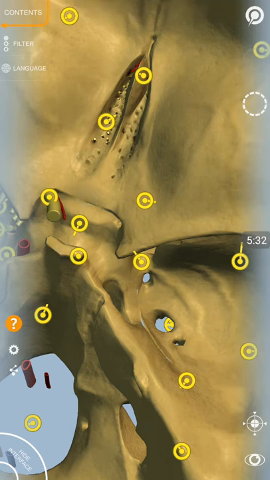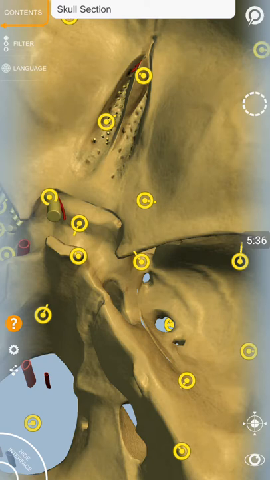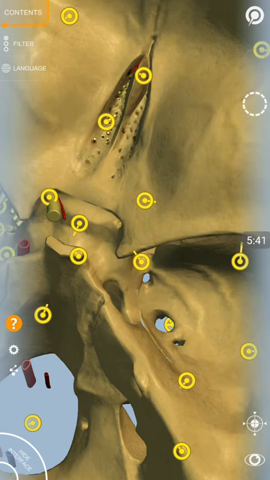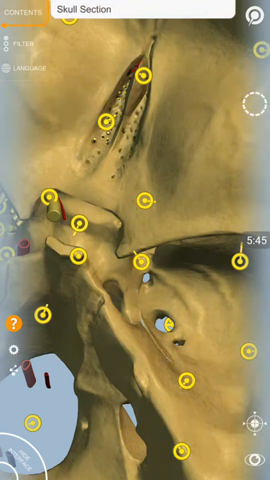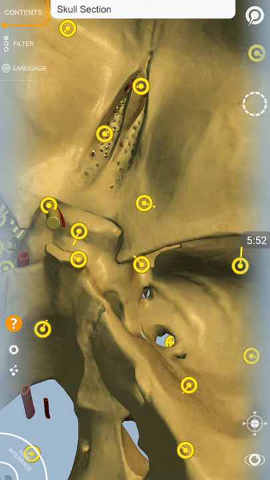So these four structures form the sella turcica: tuberculum sellae, sulcus chiasmaticus, hypophyseal fossa, and dorsum sellae.